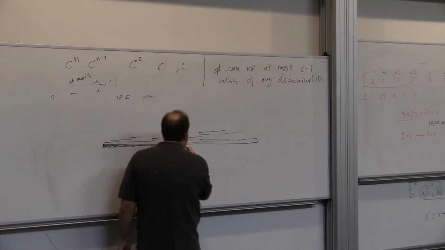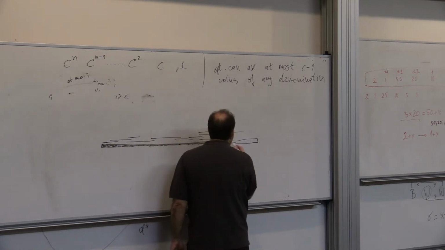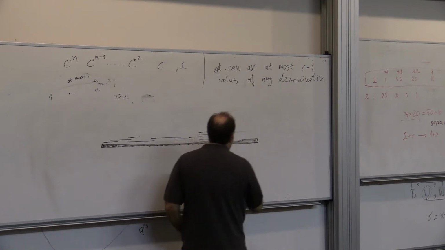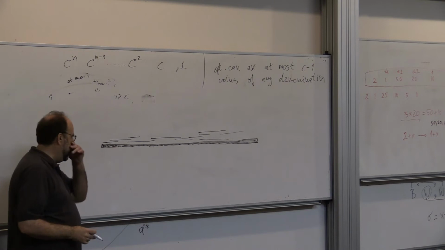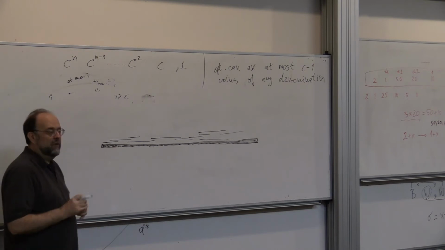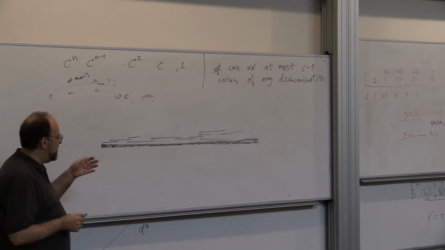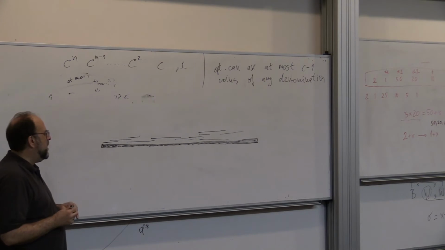So this is your bulletin board, and you want to use the minimal number of pins to hold these flyers so they all stay on the board. How would you do it in an optimal way? How would you pin them all to fix them to the board with the minimal number of pins?